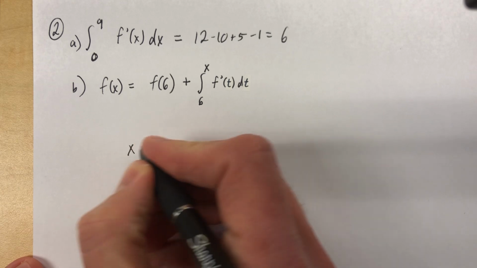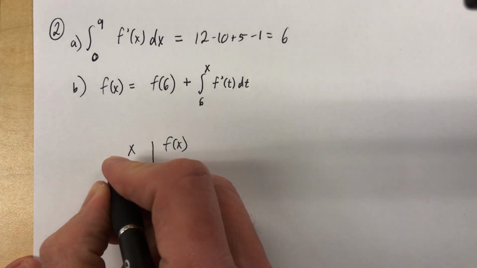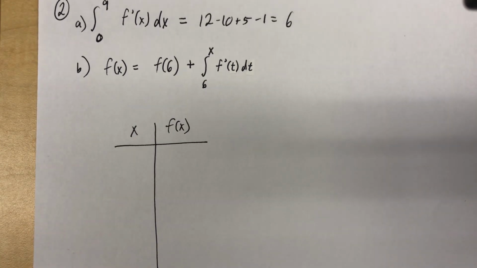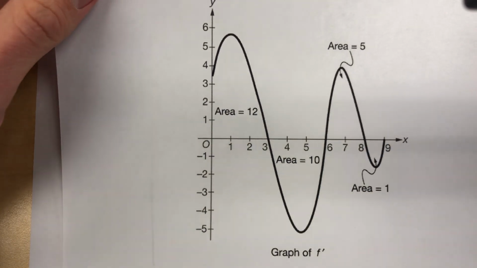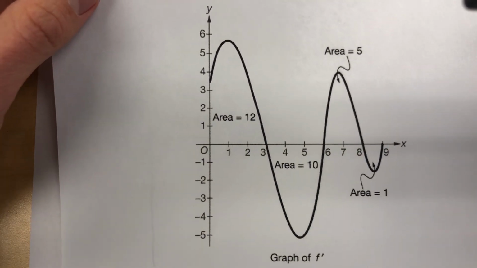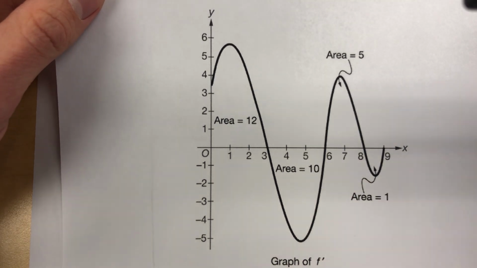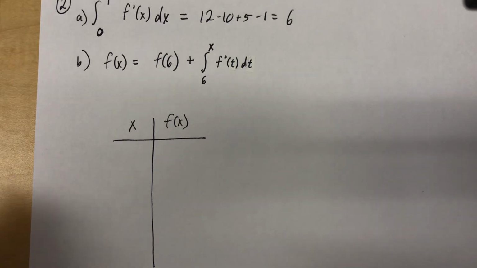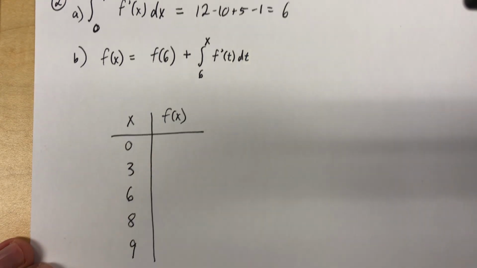My x value and my f of x value. I'm going to test every endpoint of the interval, 0 and 9, and everywhere that the derivative equals 0, which is 3, 6, 8, and actually 9. I didn't mention that one earlier, but that does also apply. So 0, 3, 6, 8, and 9.